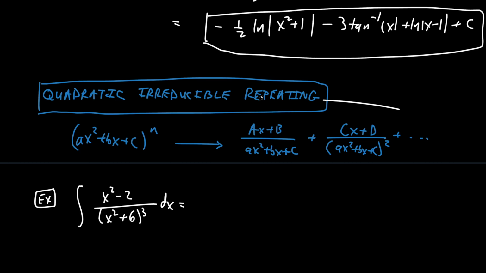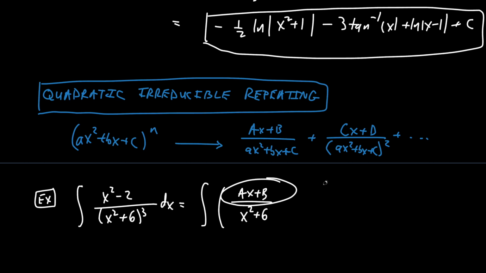Okay. So applying the logic we just set up here, this would simply break down as ax plus b over x squared plus 6. So it's a quadratic. It gets the linear numerator ax plus b. And because it's repeating, I'm going to just put the factor to power 1 for now. And then I'm going to increase the power to 2 and then to 3.